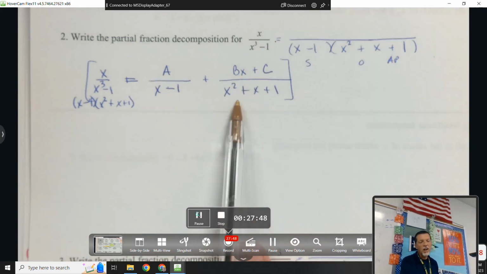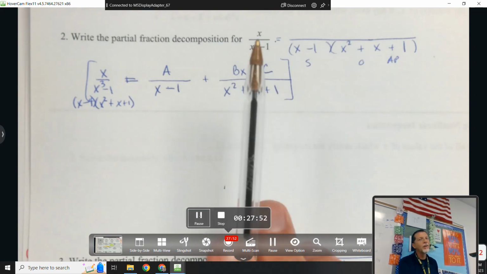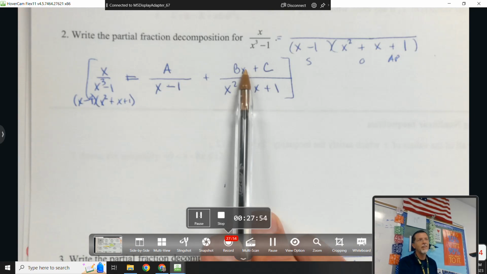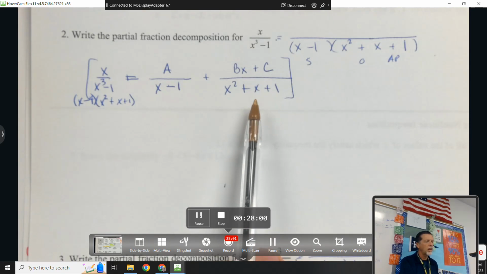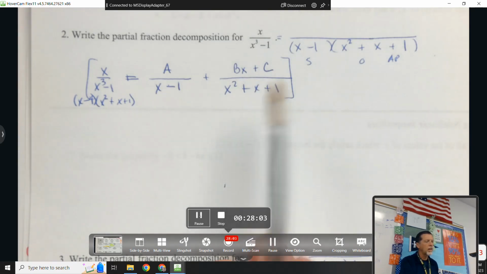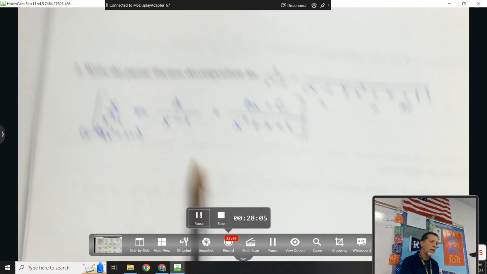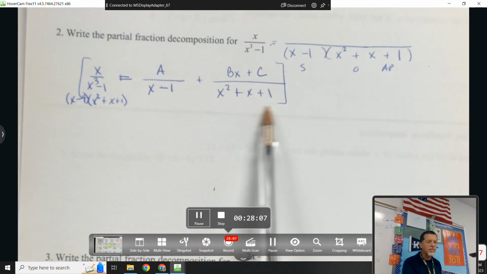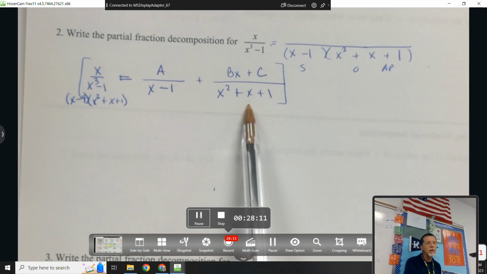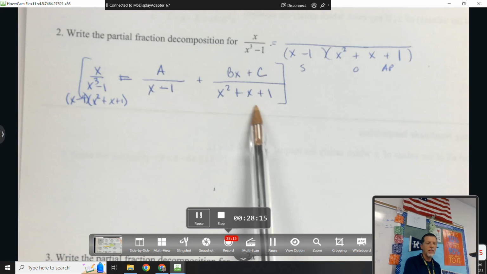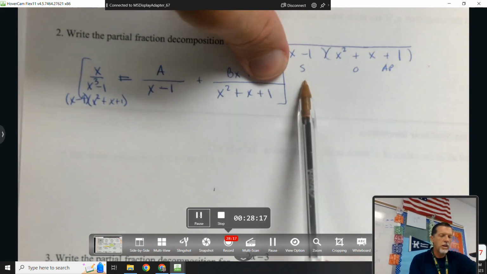So if you're stuck with a quadratic denominator that doesn't factor any further, then the numerator has to be linear. Why couldn't I just write this as 3 separate terms with the same denominator?